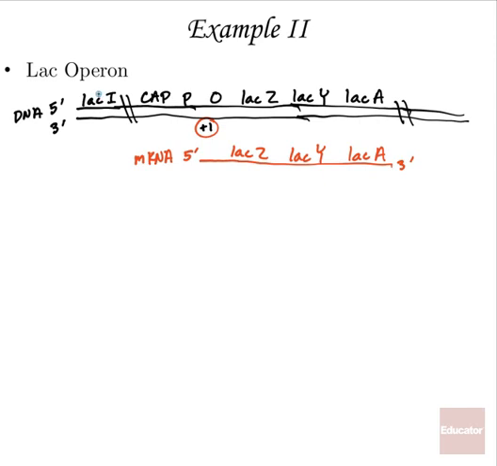Right here, LAC-I, that's our repressor. CAP, that's our CAP binding sequence. P is the promoter. O is the operator. LAC-Z, Y, and A are our lac operon. Okay. So, in times of high lactose, we'll just write this out here.